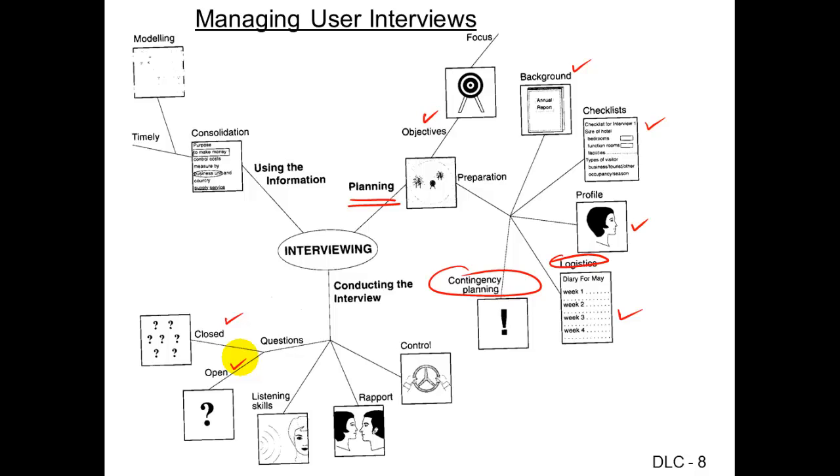Open-ended, for example, I think I've asked all the questions I want to know, but is there anything you think is important to this new system that I may not have paid attention to? Tell me anything that we haven't covered so far that you think I need to know. That's an open-ended question.